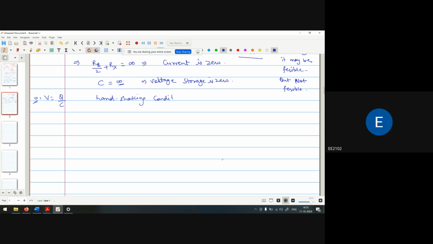The meaning of handshaking condition is that I have to choose the values of R and C in a way that the time constant is high, but the values of R and C can't be equal to 0. We have to set our time constant high, but the value of RC should not be equal to infinite.